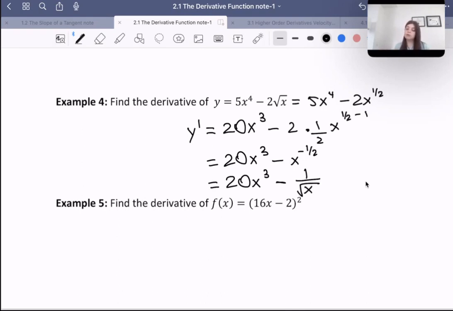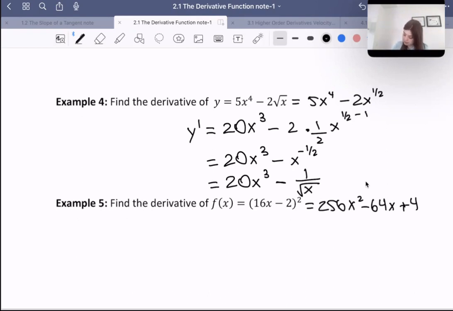So in order to just use the power rule for this, with that knowledge and no other knowledge just yet, what I'm going to do is first expand my brackets, and I'm going to get 16x squared, which is going to be 256x squared. Let's see, double the product, so 2 times 16 times 2 is 64, so negative 64x, and then plus 4, right? So this is equal to this.